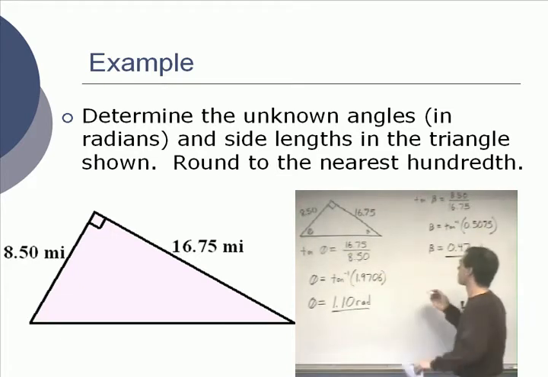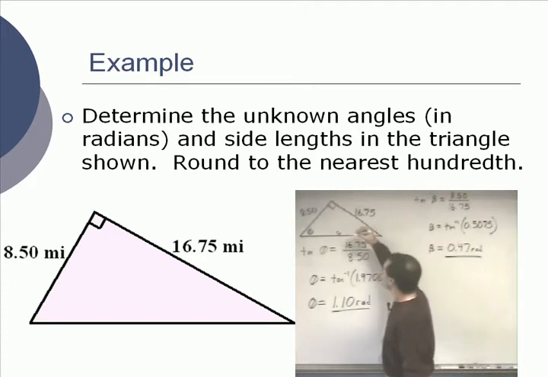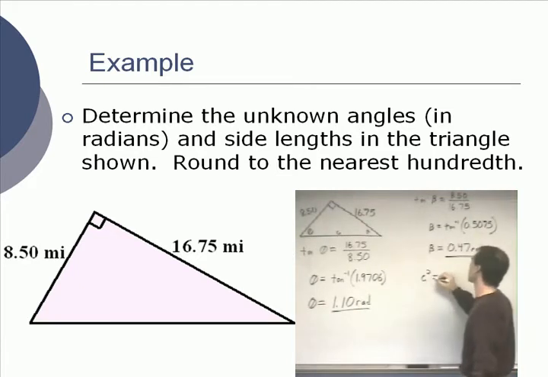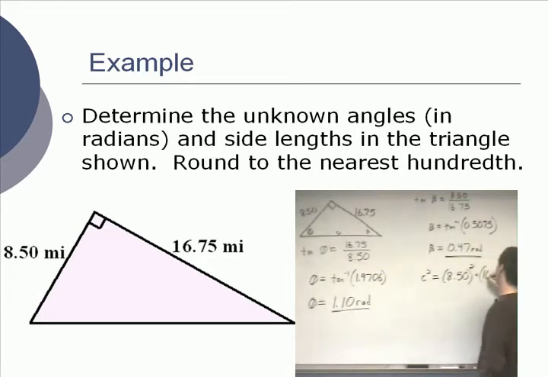So we know that we'll call this side C. C squared... Yep, 18.78. And we're done. We found all the angles, we found all the sides, we completed the triangle.